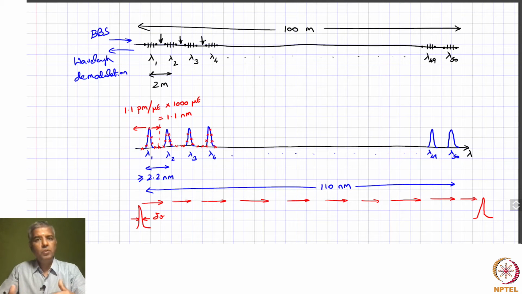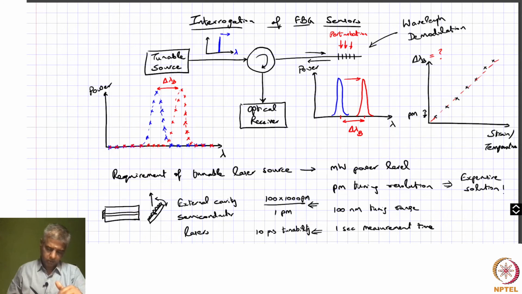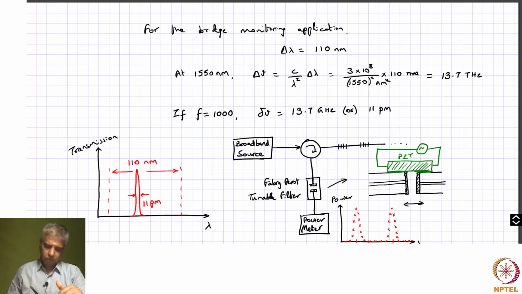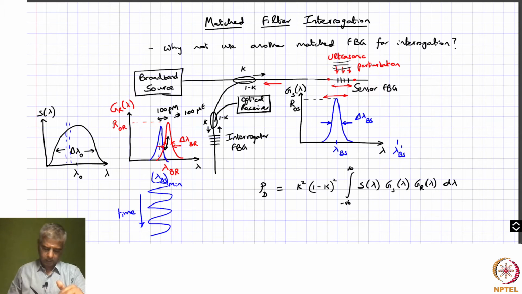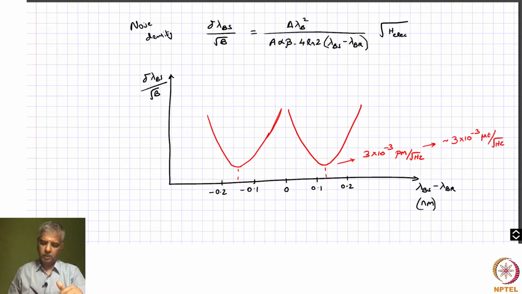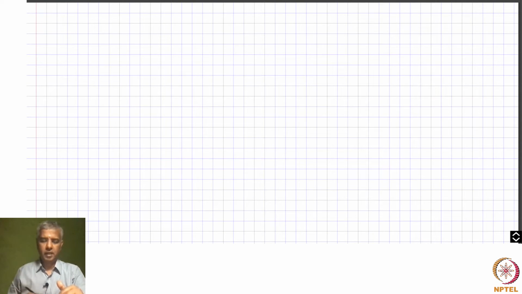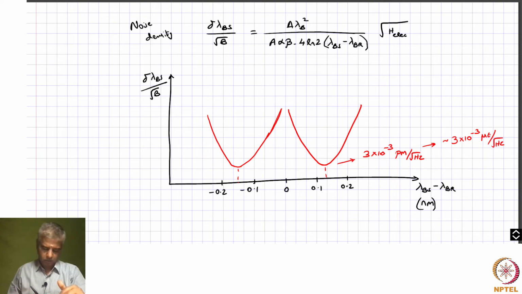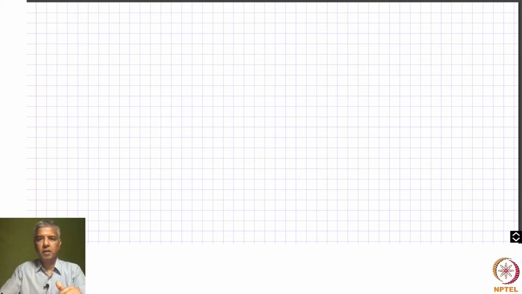But if you use stimulated Brillouin scattering, and if you use possibly the optical time domain reflectometry techniques, we could possibly handle requirements like this in a truly distributed manner. So that's what we were going to look at in today's lecture. So first of all, let's try to understand what stimulated Brillouin scattering is all about, and let's actually see how we can possibly use that for sensing applications.